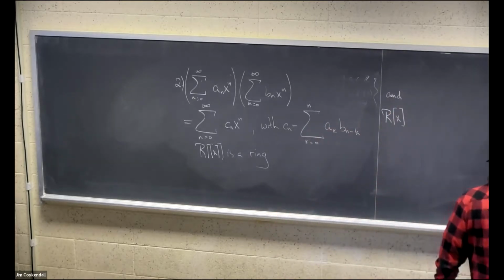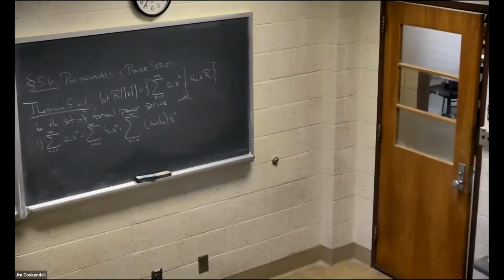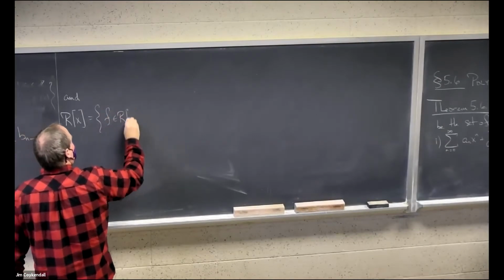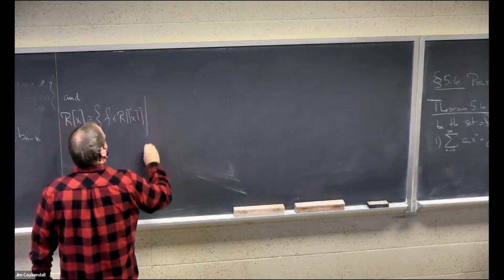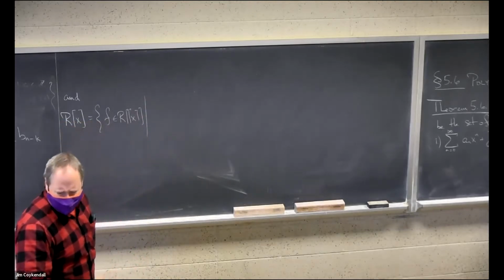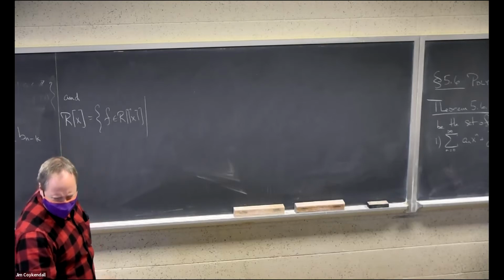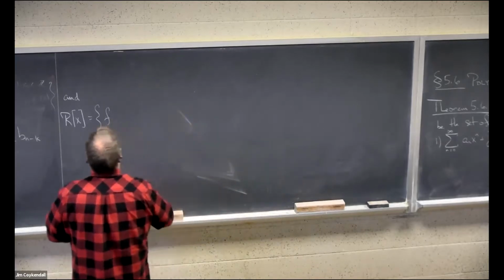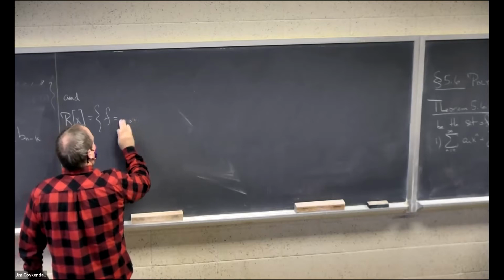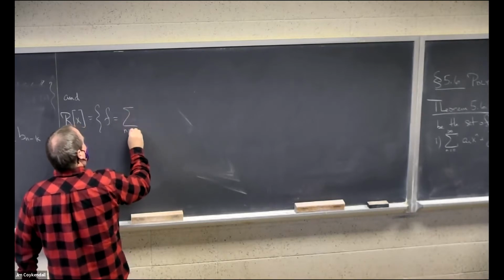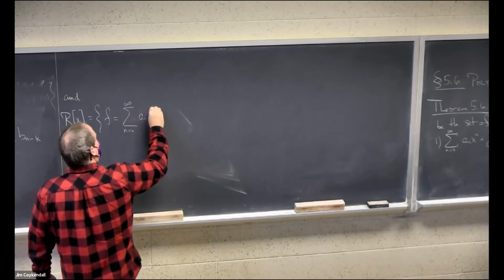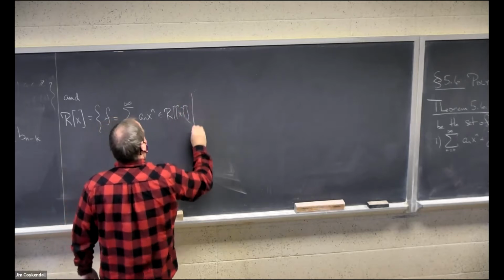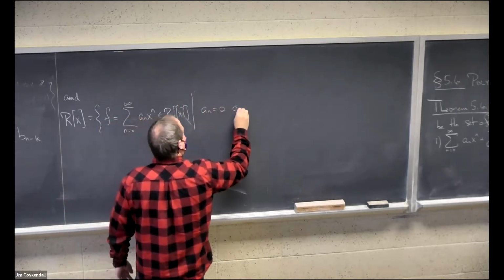And R[x], we define this way, is equal to the set of power series such that a(n) equals 0 almost everywhere.